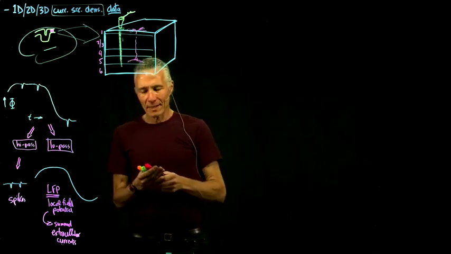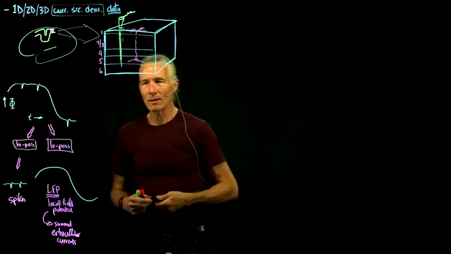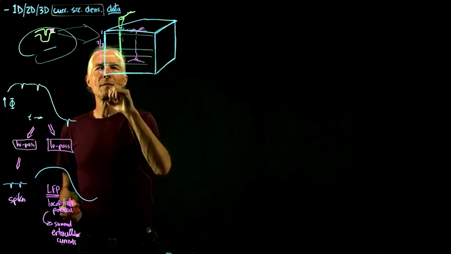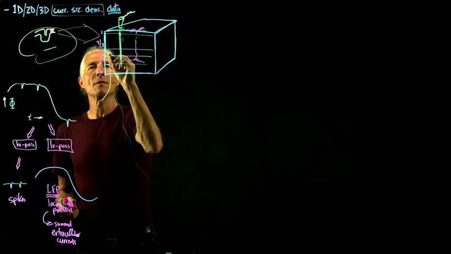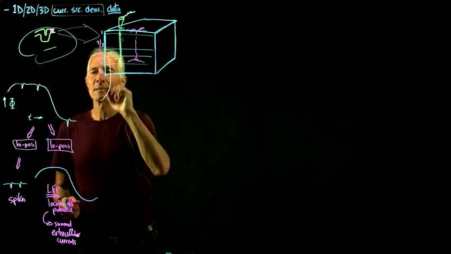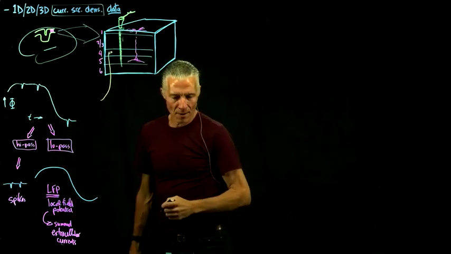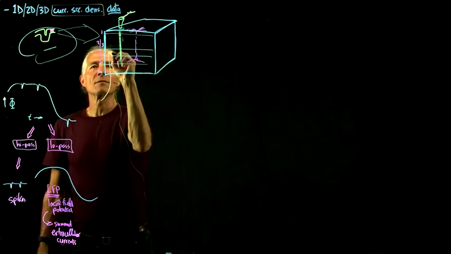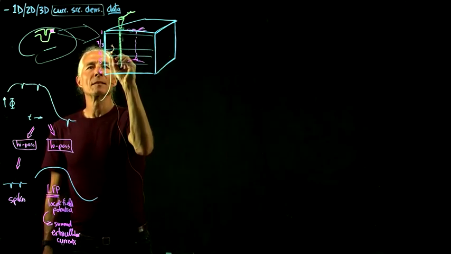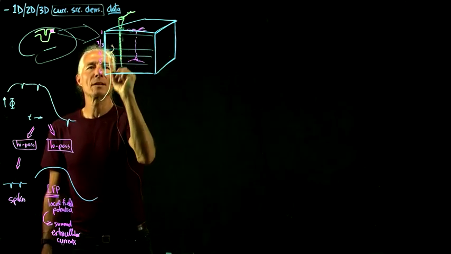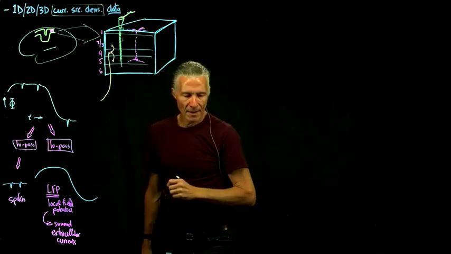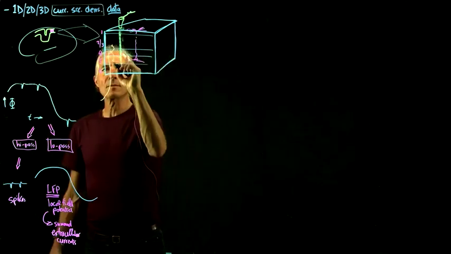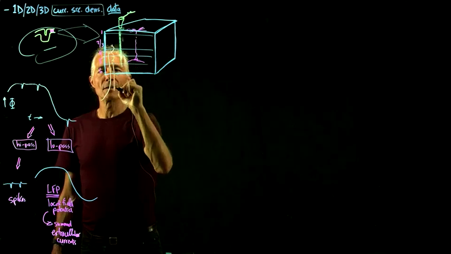What is the basic circuitry that we talked about? So we said some input comes in and it goes to layer 4. That's the input layer. And then from layer 4, the cells project out to other layers. And some of those other layers, like layer 5, come back out.